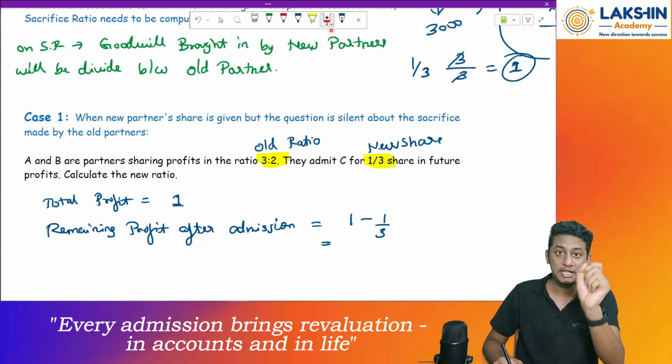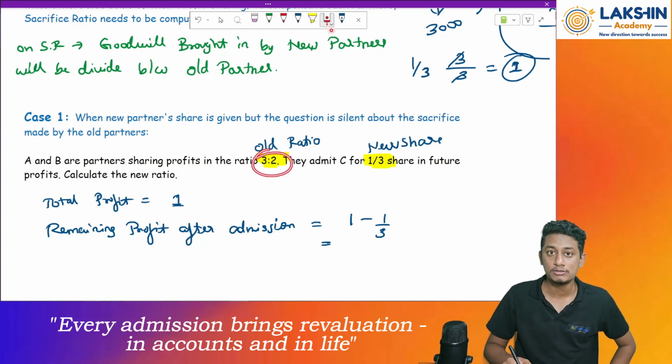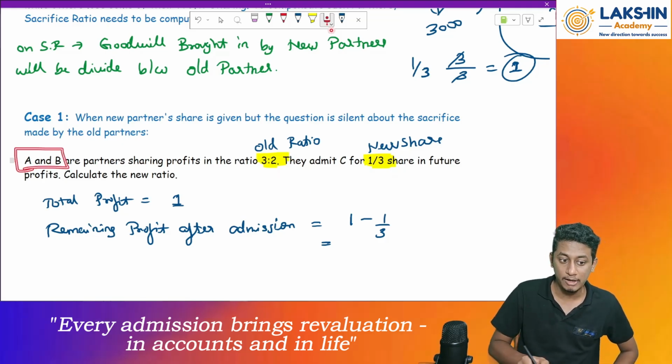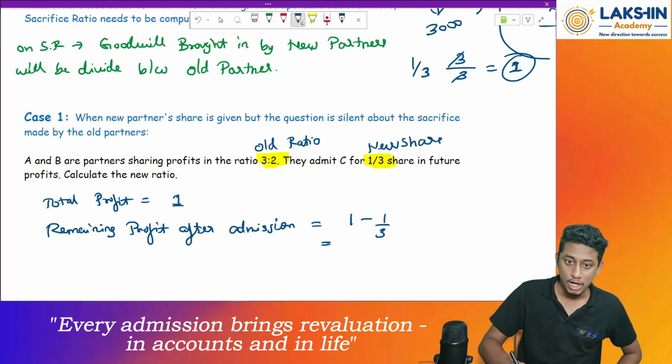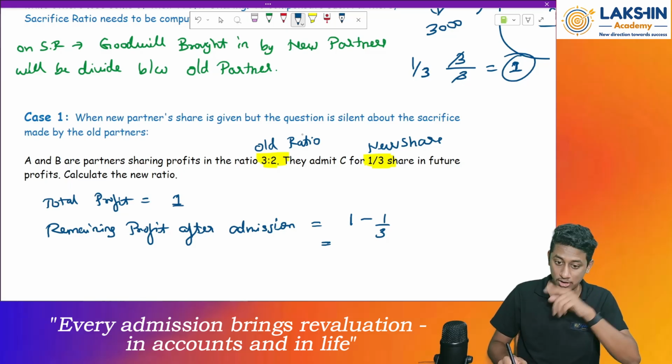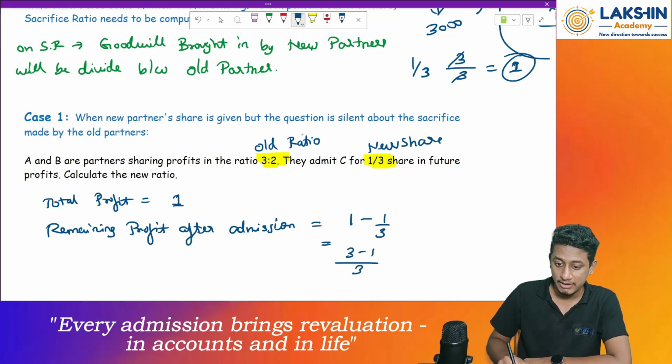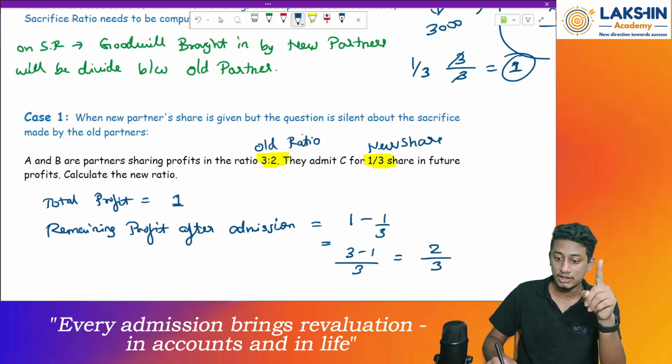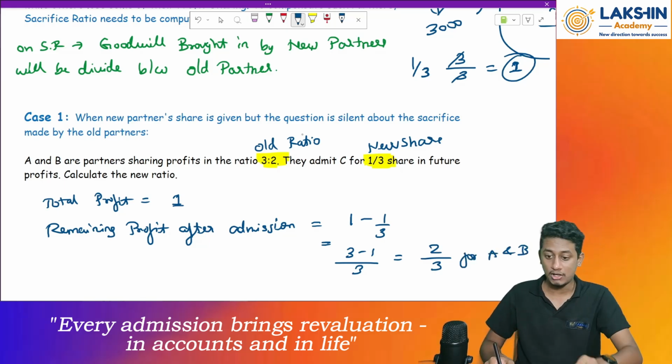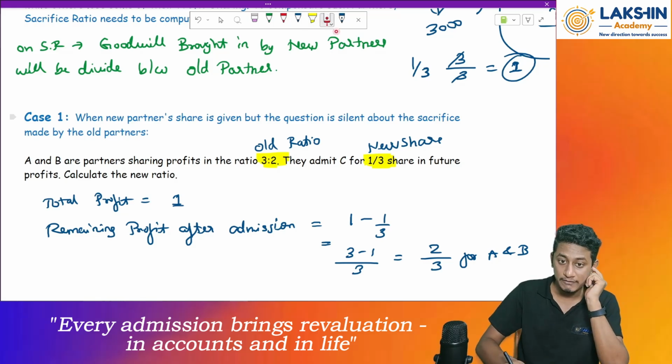So the remaining profit will be available for A and B. What is the remaining profit? 1 minus 1/3 is 3/3 minus 1/3, which equals 2/3. So 2/3 is the share remaining for A and B.